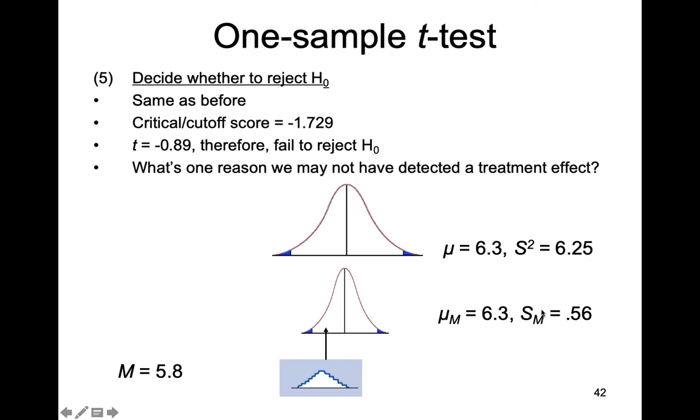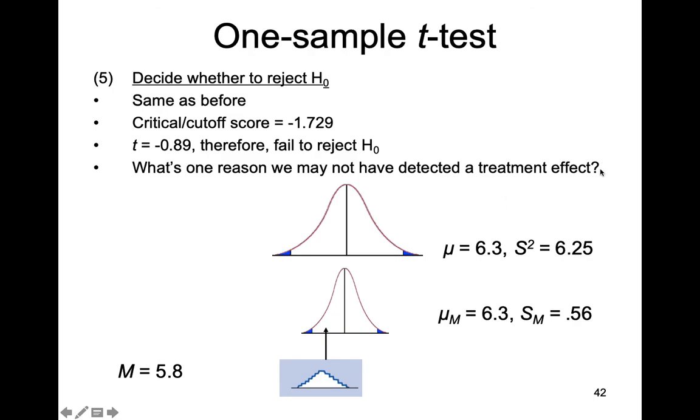We calculate this standard error by taking the variance in the population divided by n. So we're going to get a much smaller number dividing population variance by 200 as opposed to 20 as we did. That reduced standard error is going to make this distribution a lot more narrow. You can think about squeezing in the sides, in which case our sample might have fallen in the critical region if there's less error in this distribution.